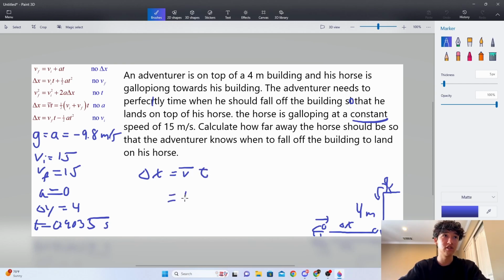It's literally just 15 times 0.9035, and that is equal to 13.553 meters. So change in x is equal to 13.553 meters. And that's it.